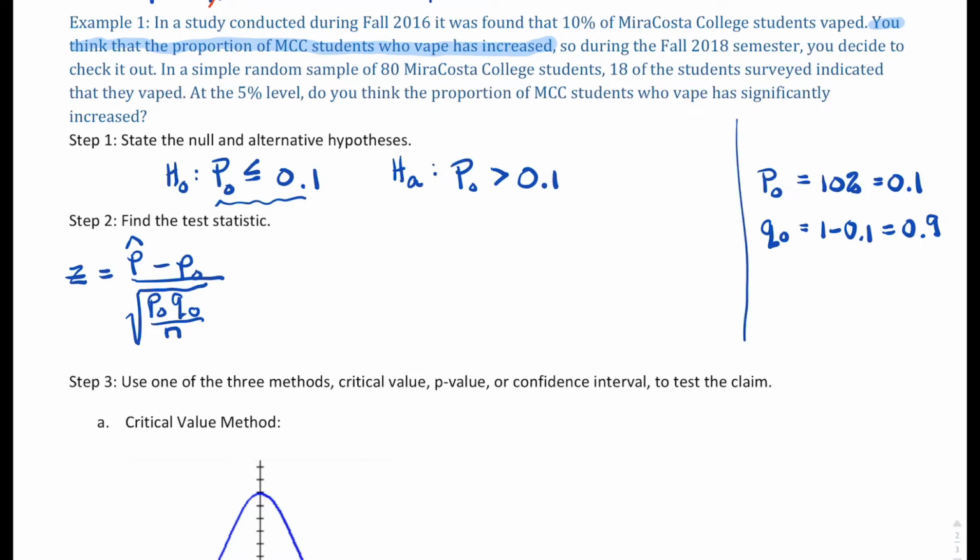So let's go over here on our list, right? How could I find P hat? P hat equals, beautiful, X over N. So what information have we been given? In our survey of 80, right? So that would be N is 80, and I found that right here.